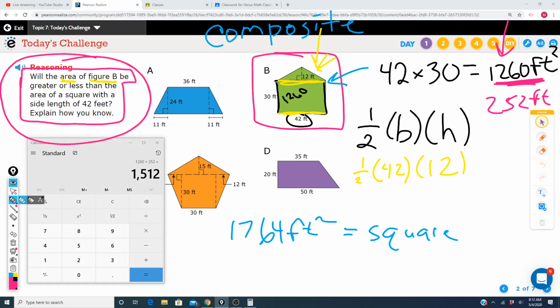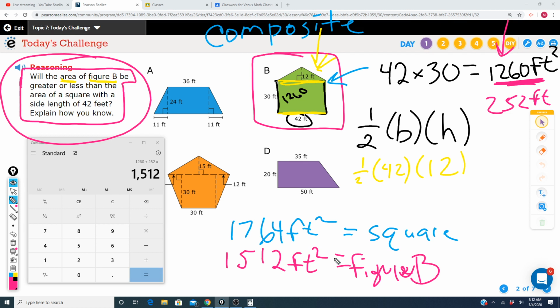So 1512 feet squared is what figure B will be.